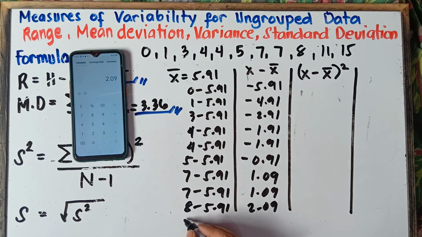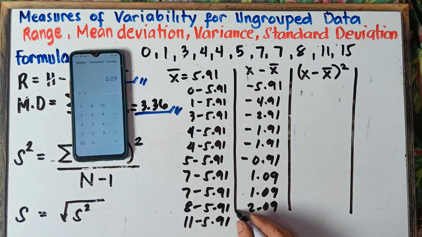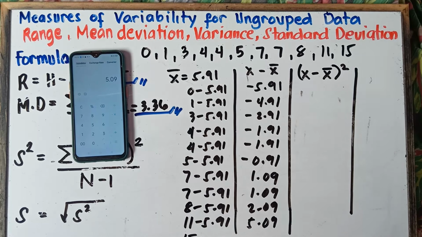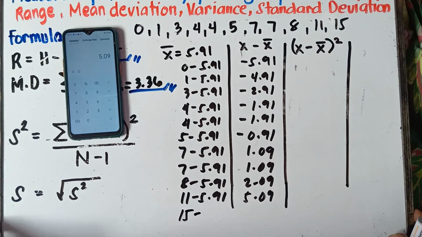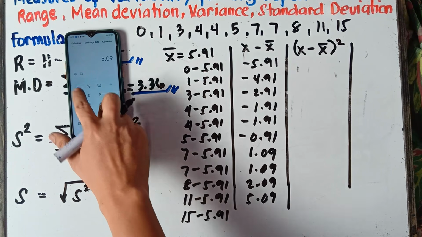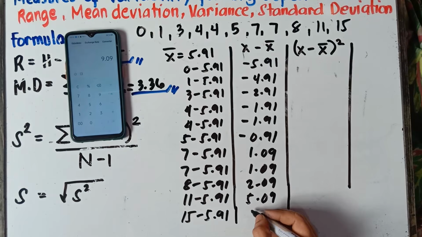And then 11 minus 5.91, that would be 5.09. Alright, and then 15 minus 5.91, we don't have enough space, class, so let me move this one. That would be 9.09.